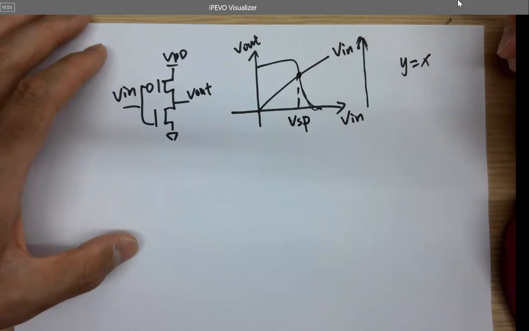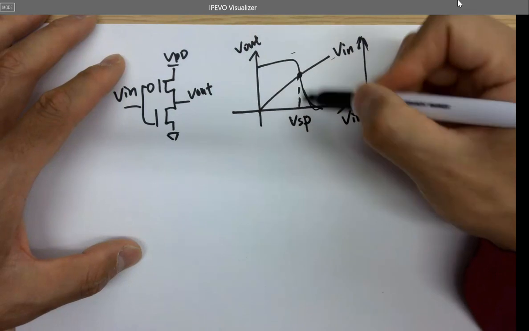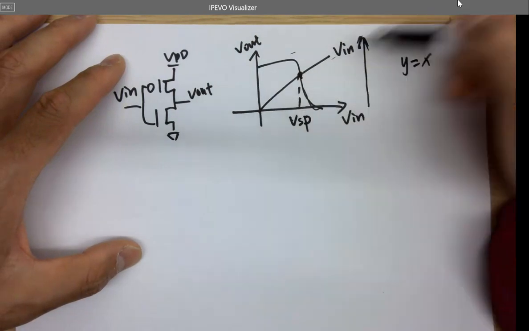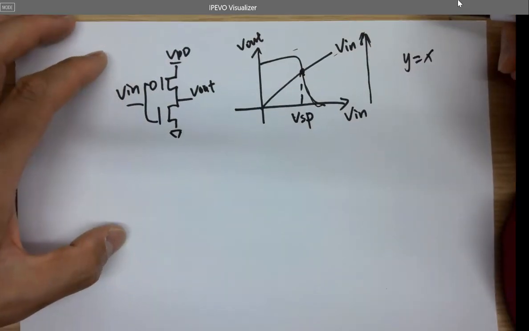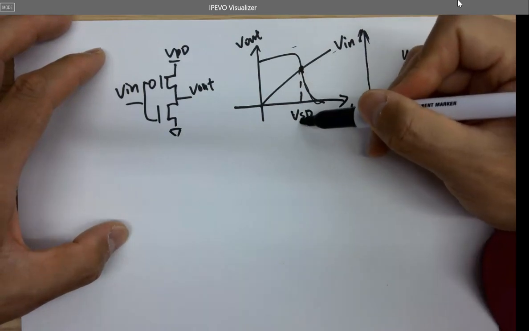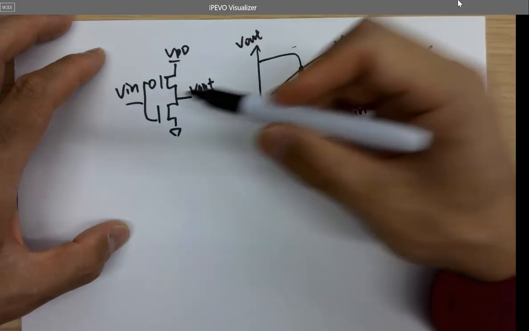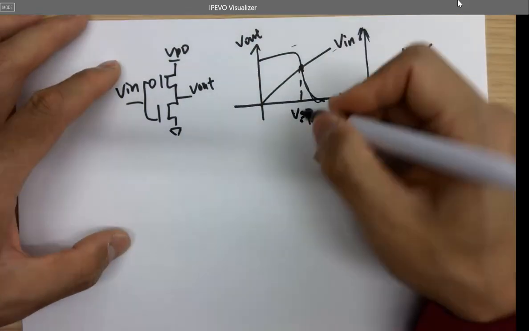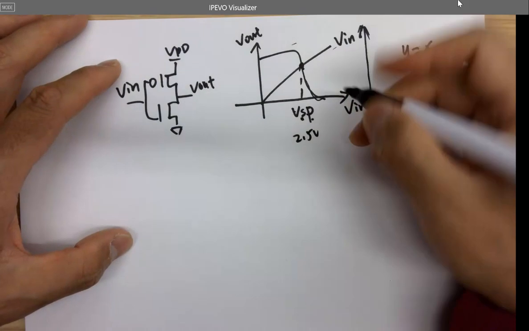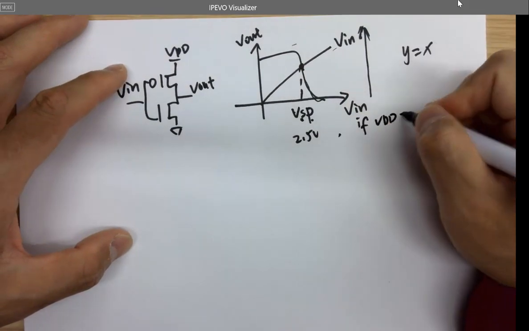Are they equal? Yes, they are. This guy's V in, this guy's VL. They are sharing the same point, so they have the same voltage. And we define that point to be the switching point. That's VSP, the switching point of the inverter. And we hope that voltage to be 2.5 volts if you have a 5 volt power supply, if VDD is 5 volts.